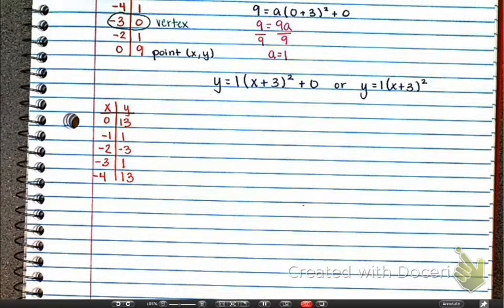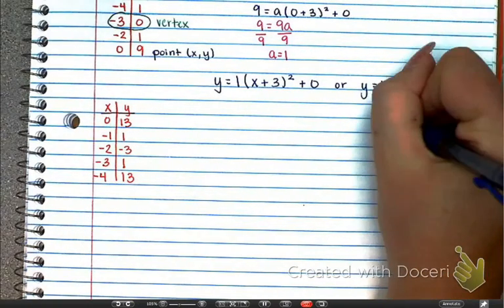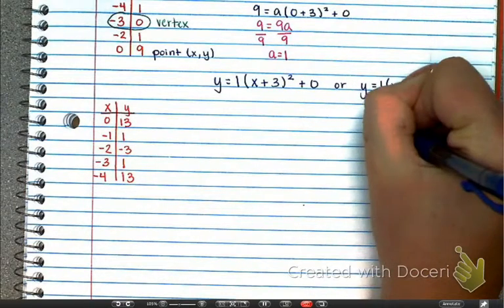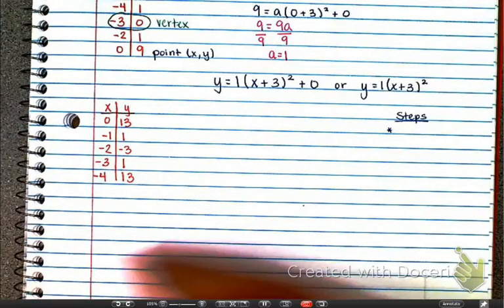Okay, so maybe we can write it like a list of steps. Maybe that'll help too. So what would we say step 1 is? Identify the vertex.